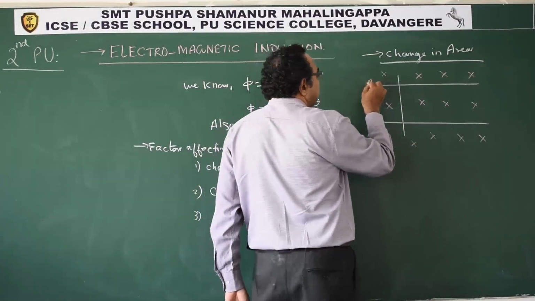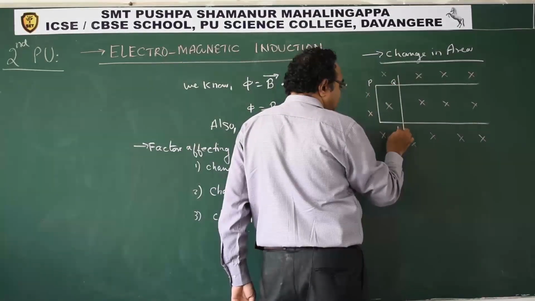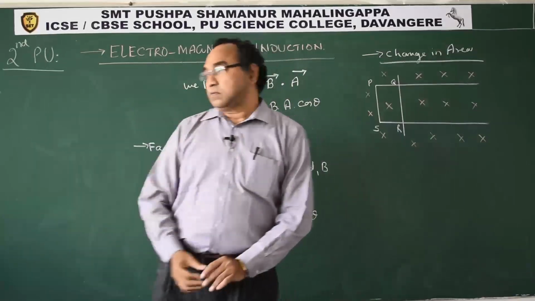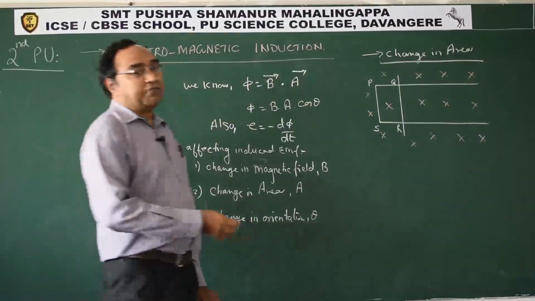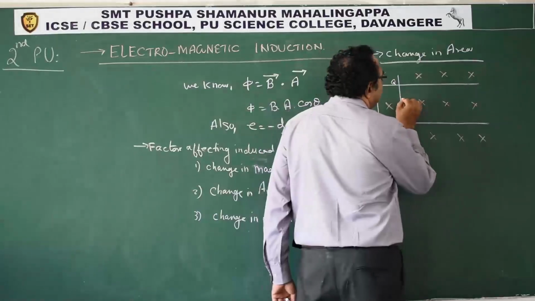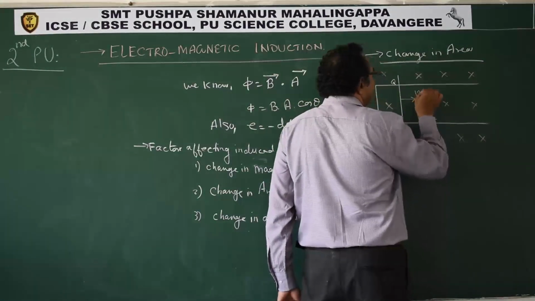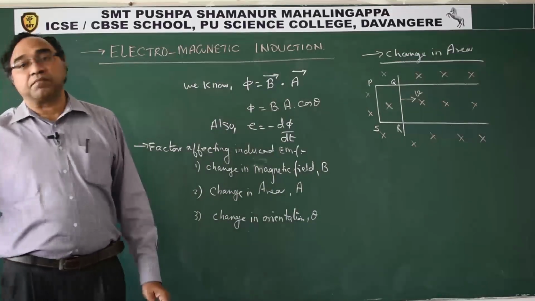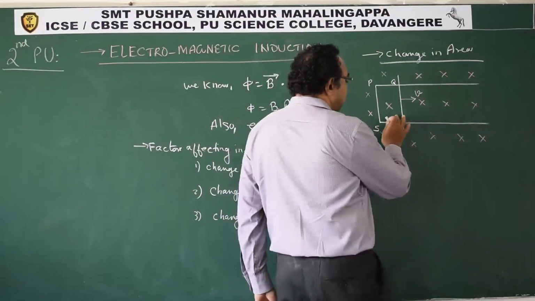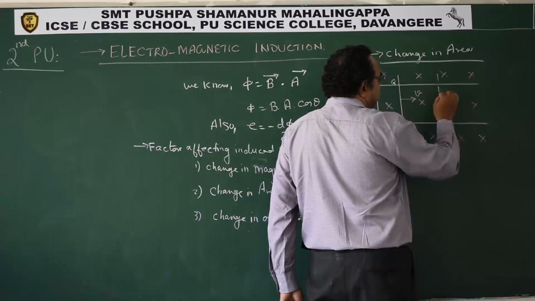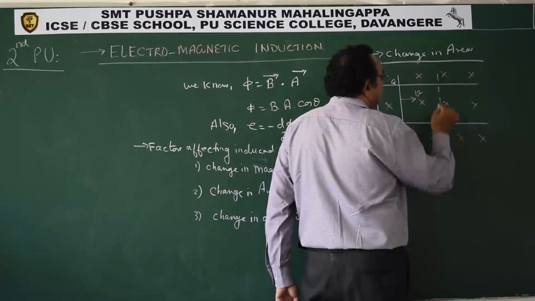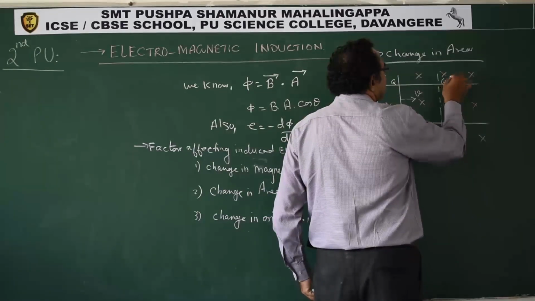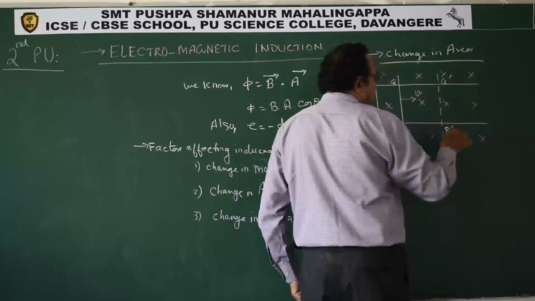Say for example, this is P, Q, R, S. This is what we have. Now let us say we give it a velocity V. We are pushing it with a velocity V. Now what we can say is after some time, this QR takes this position. Let us say this is Q dash and this is R dash.